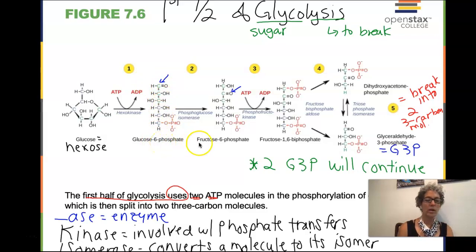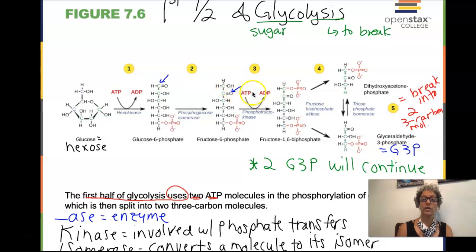When we rearrange this as an isomer, we move the carbonyl from being an aldehyde to being a ketone, and when we do that, it becomes fructose 6-phosphate. Moving that carbonyl from the terminal end to the middle now makes this end, with hydrogens and a hydroxyl, more reactive.